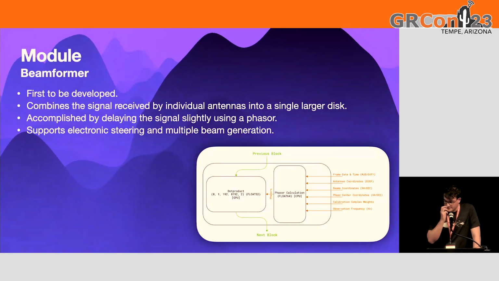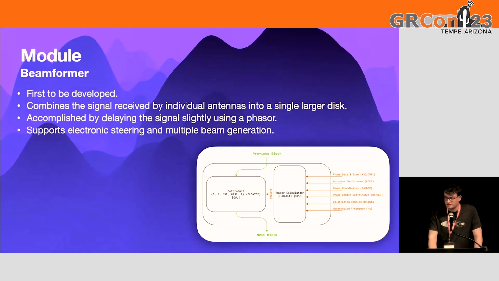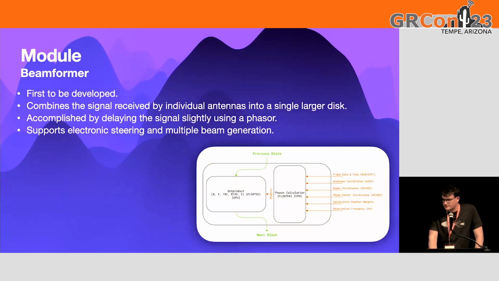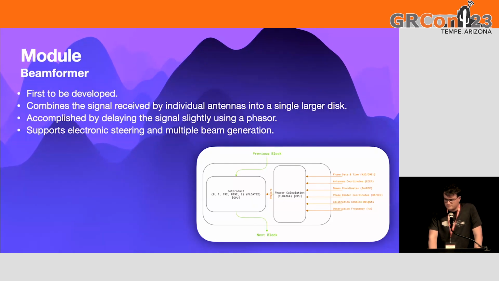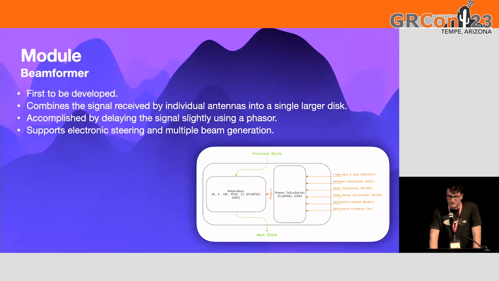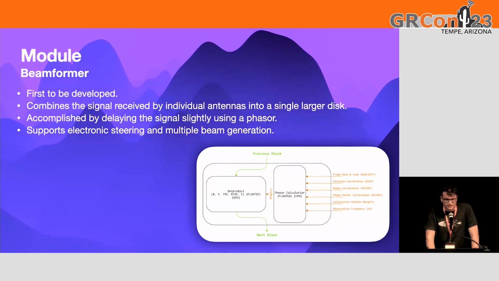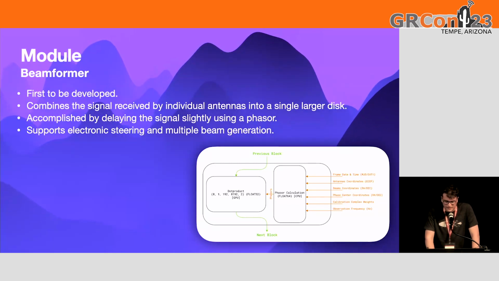Going into more detail about the beamformer, this is an example diagram of our current beamformer. You have basically the dot product here that will do all the computations, and also the phaser module that will plug into the dot product module and give the array of phasors to multiply with your data and give you the beamformed data that you are seeking.